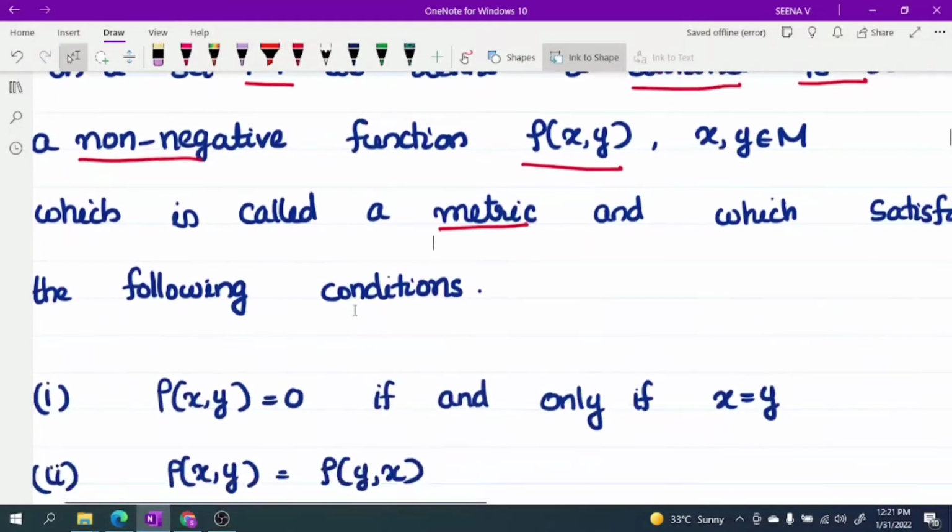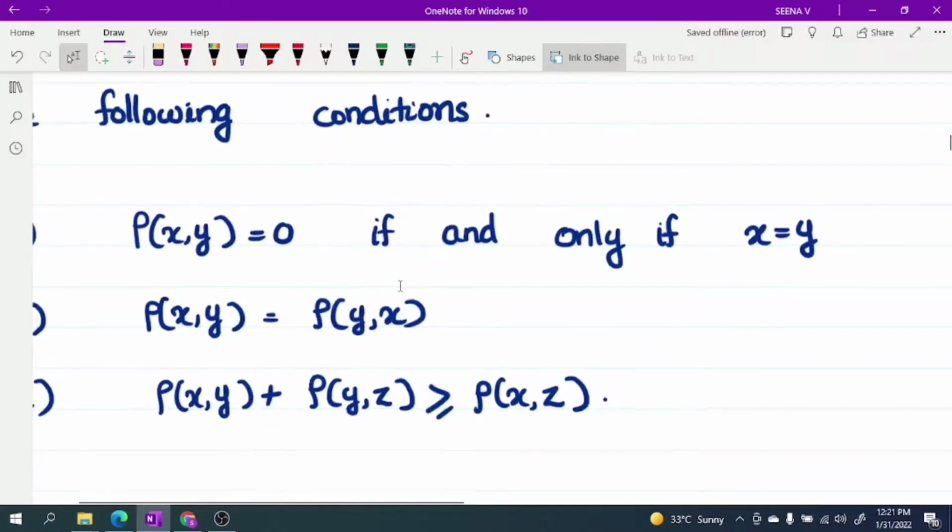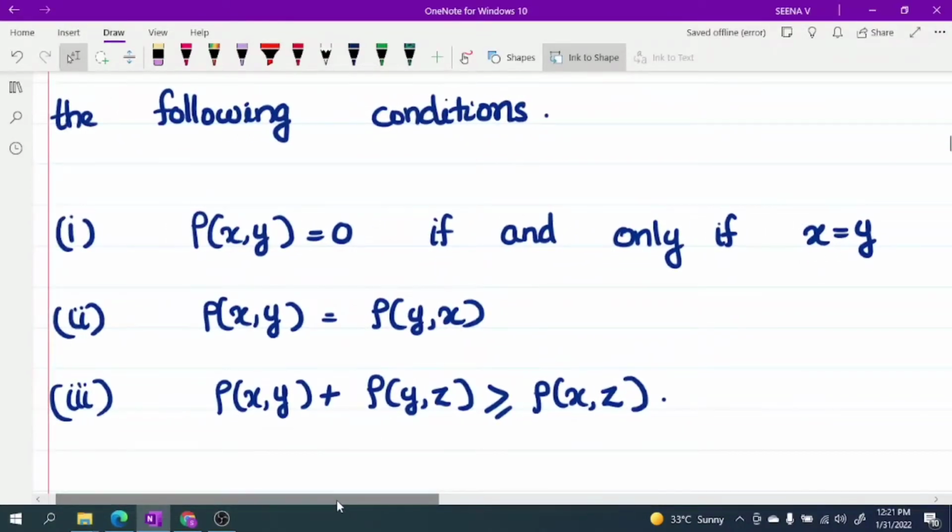Now what are the conditions? Rho of xy equal to 0 if and only if x equal to y, rho of xy equal to rho of yx, and the triangle inequality.